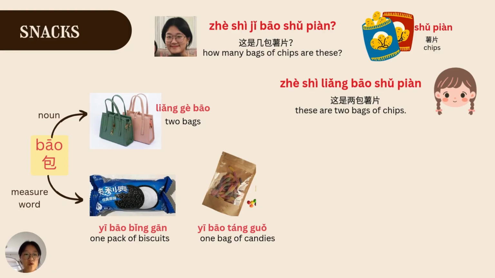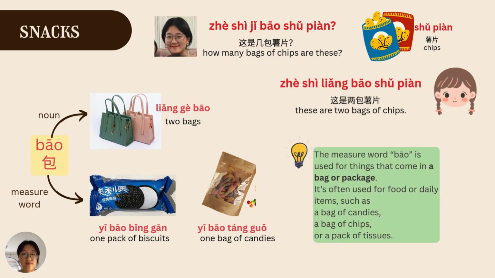For example, 1 pack of biscuits, 1 bag of candies. 一包饼干, 一包糖果. So the measure word 包 is used for things that come in a bag or package. It's often used for food or daily items, such as a bag of candies, a bag of chips, or a pack of tissues.